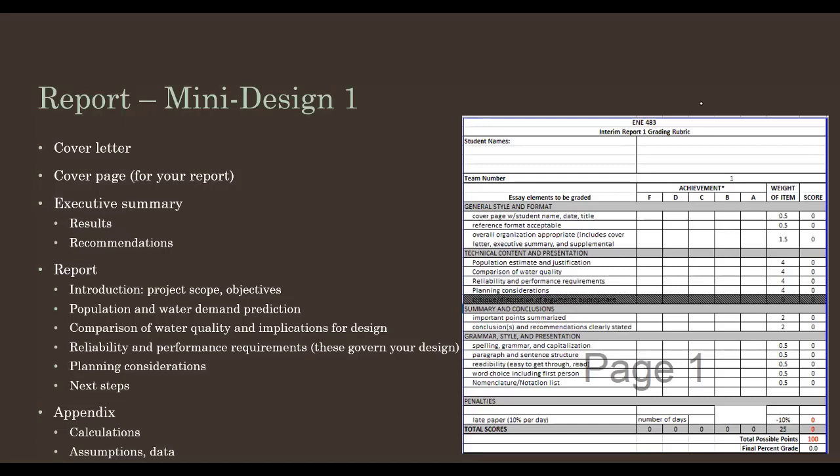Think about them as you're the engineer, you're hired to provide professional recommendations. So that's what you're providing. Your report, in this case, will include an introduction that includes your project scope and the objectives. In many cases, that's really a summary of what I gave you. Then it's your population and water demand predictions.